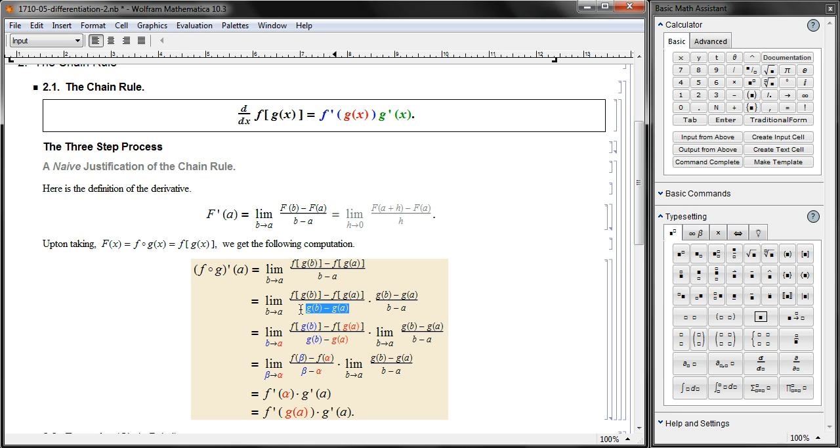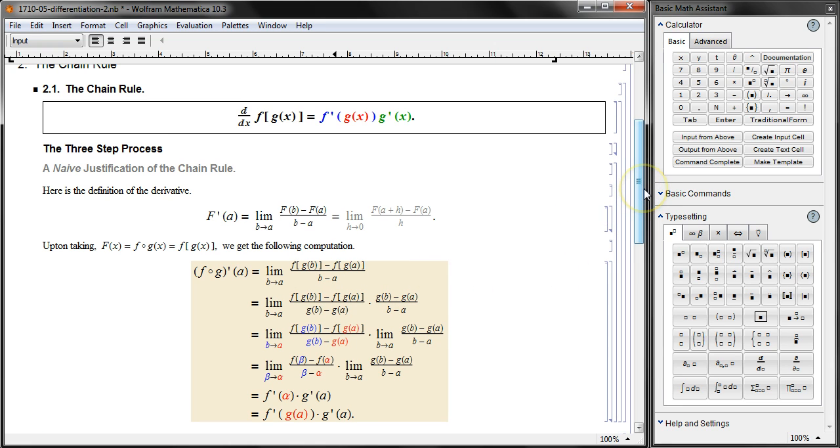It's much more advanced, but it is possible, and that's something we are going to do in multivariable calculus and then in multivariable analysis as well. For now, let's keep this as the proof or a sketch of proof, or if you're a purist like me, a naive justification of the chain rule.